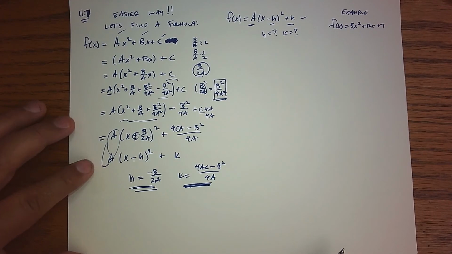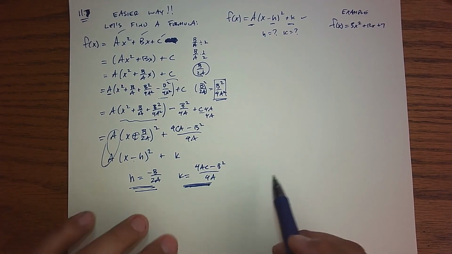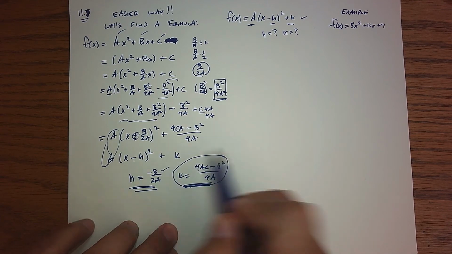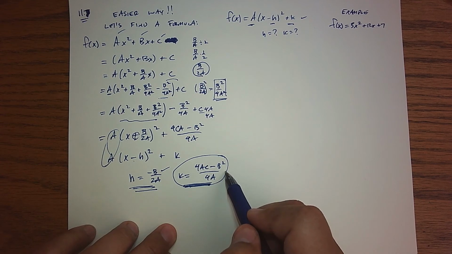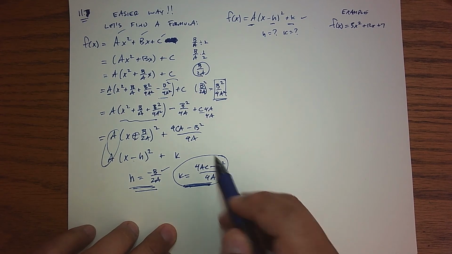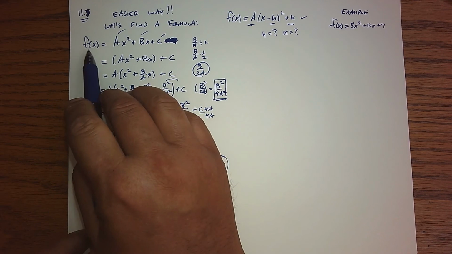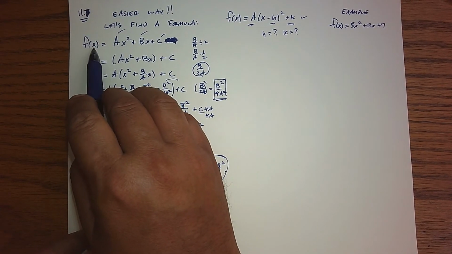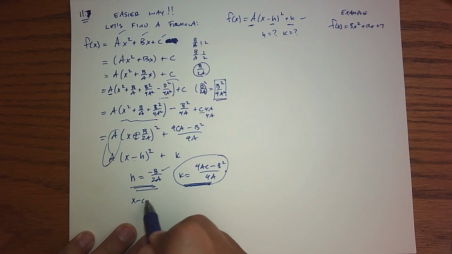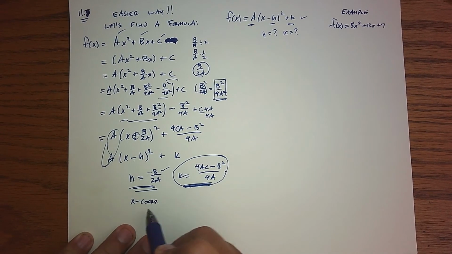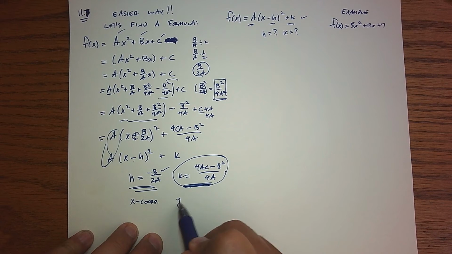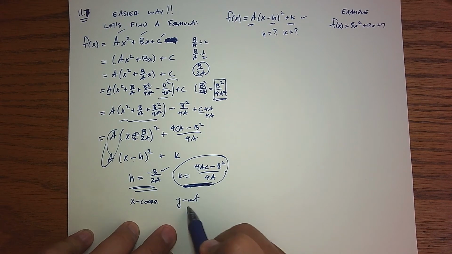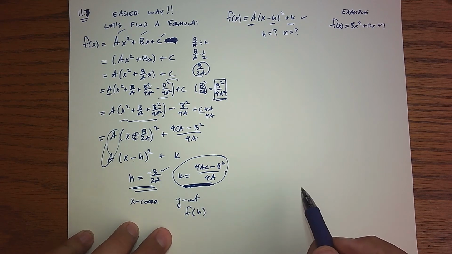Now, one last thing I would like to do: this is very hard to remember. This isn't too bad, but this gets a little hard. So another way to find k is to use the fact that we're talking about a function, right? A function is an input-output system, and this is the x-coordinate of our vertex. To find the y-coordinate of our vertex, you can use that formula if you want, but you could also consider, well, what's f of h?